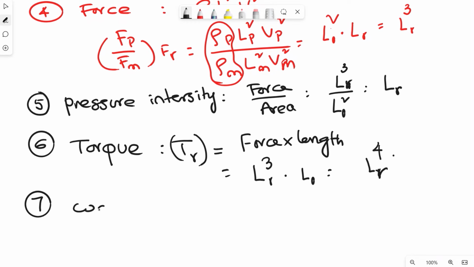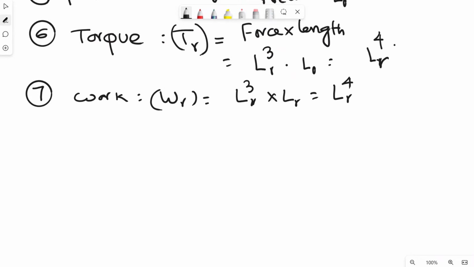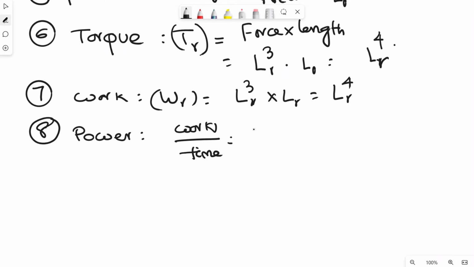Next, work is also the same: force into length, LR cubed into LR, so LR to the power of 4. Then power. Power is equal to work by time. So LR to the power of 4 divided by root LR gives LR to the power of 3.5. This is for power.